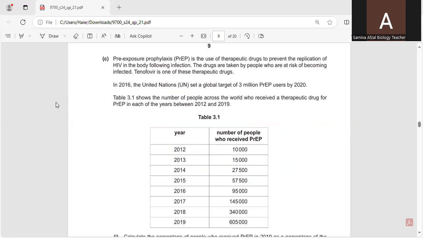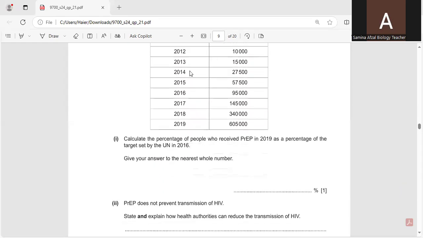In 2016, the United Nations set a global target of 3 million PrEP users by 2020. Table 3.1 shows the number of people across the world who received a therapeutic drug for PrEP in each year between 2012 and 2019. In 2012 it was 10,000, and in 2019 it was 605,000.